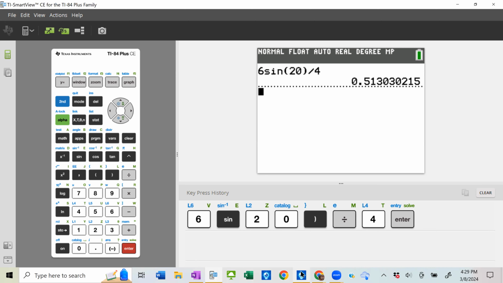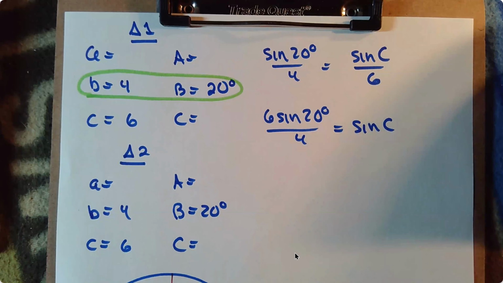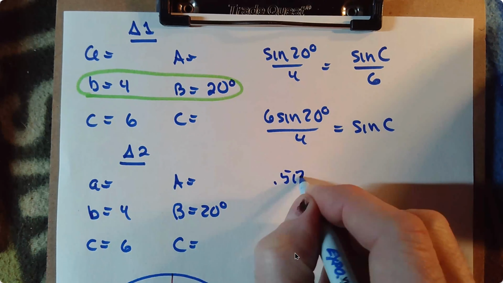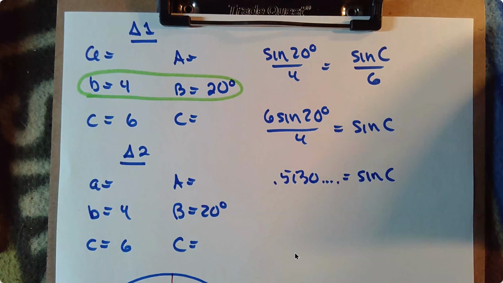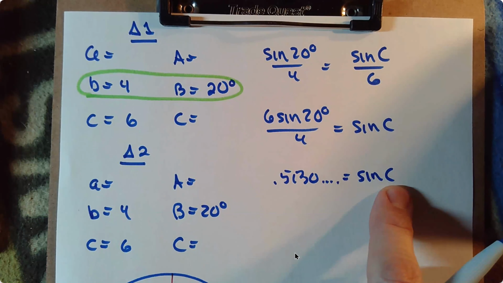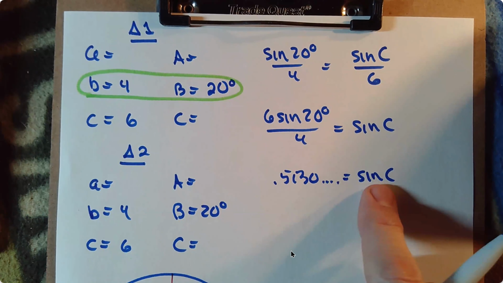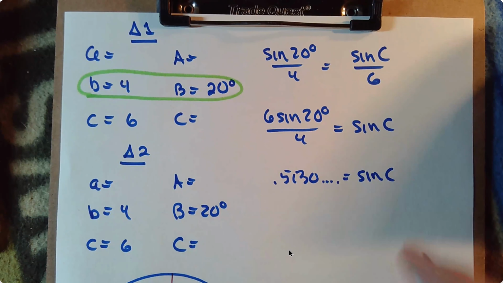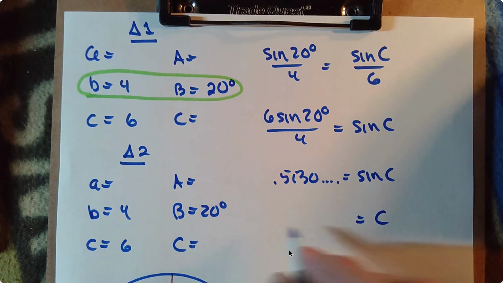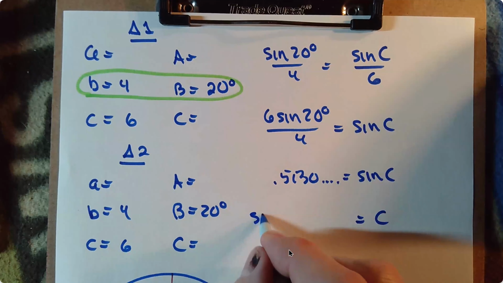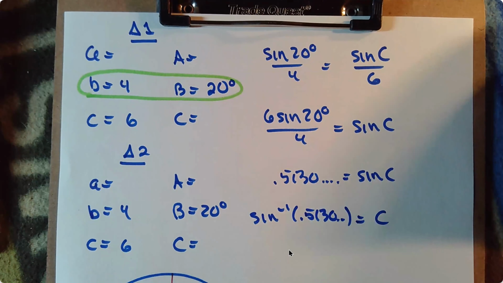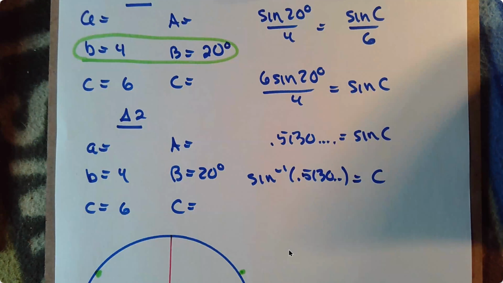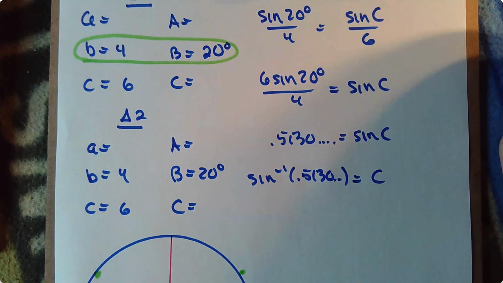And then I'm going to need to solve for sine from there. This is 0.5130, continues on forever. To solve for C, I would need to take the inverse sine on both sides. The inverse sine of the sine is going to cancel. So I'll just get C, and C is going to be the sine inverse of 0.5130, etc. Now, what I would suggest is that you use your calculator's features to try and keep track of as many digits as possible when working with these problems.